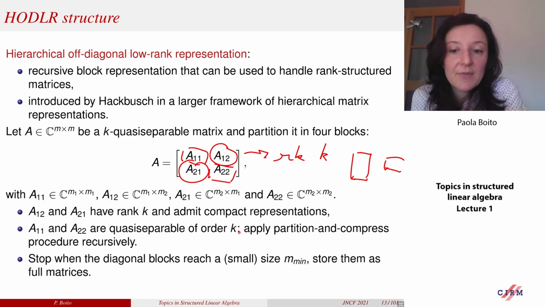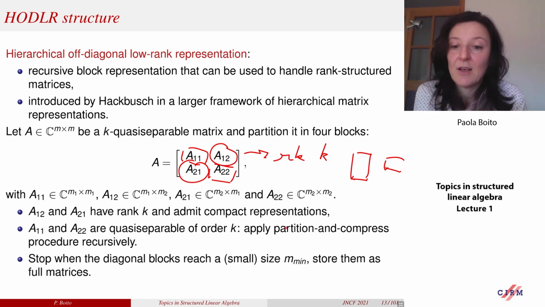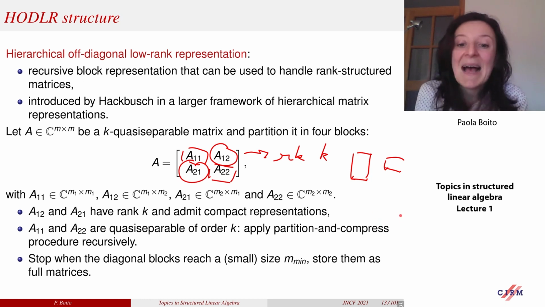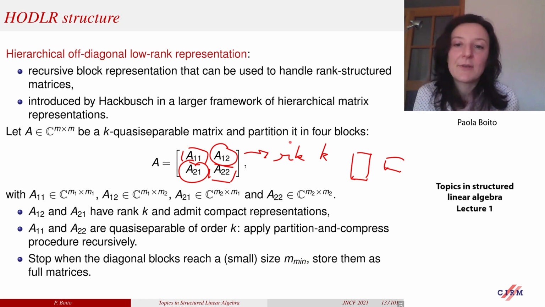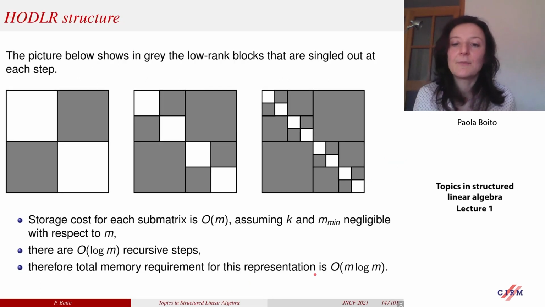So we can iterate this partition and compress procedure recursively until the diagonal blocks reach a certain predefined small size, we call m min, and at that point, when this is small enough, we can store them as full matrices. Okay, so here's a picture.